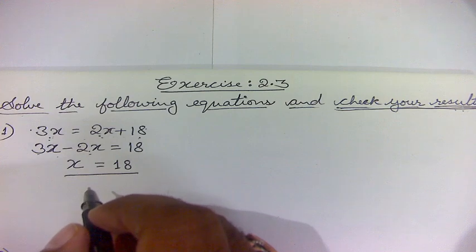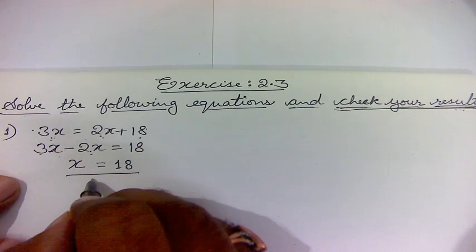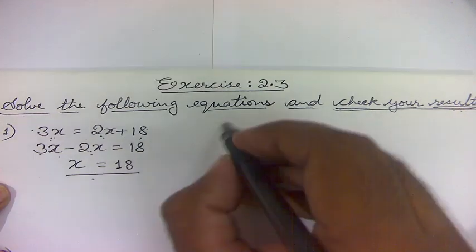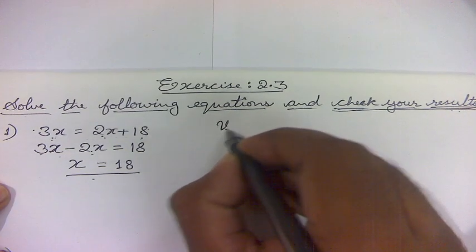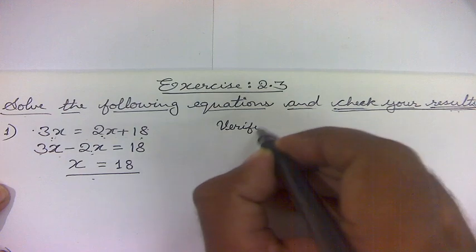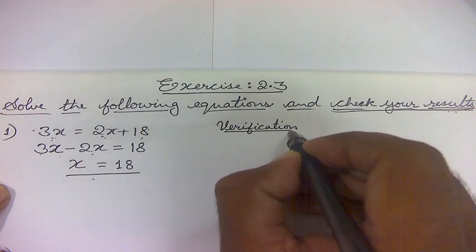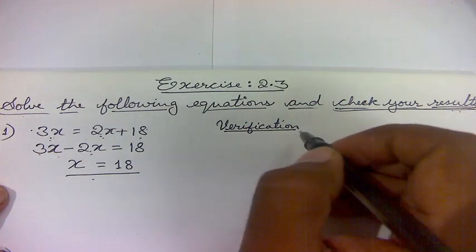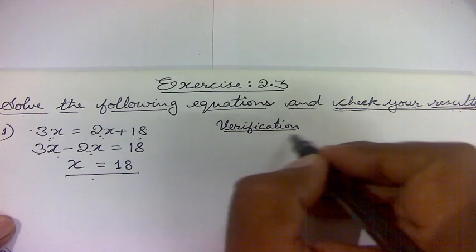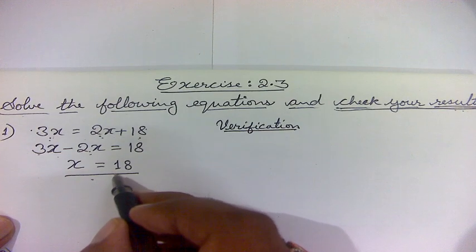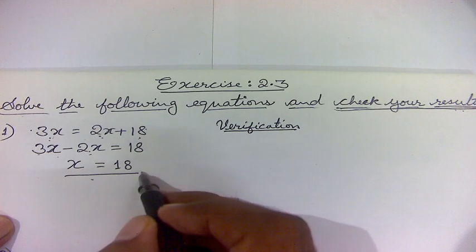Now this is the answer, this is the solution. But you also have to check your result, that is, verify your result. Verifying the result is known as verification. Now we will verify whether the result we are getting is true, right or wrong.